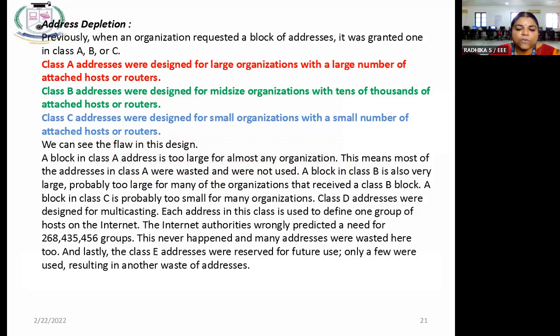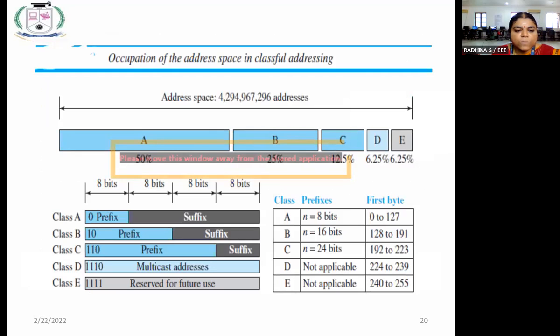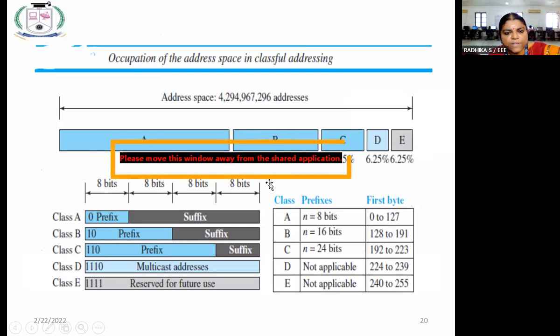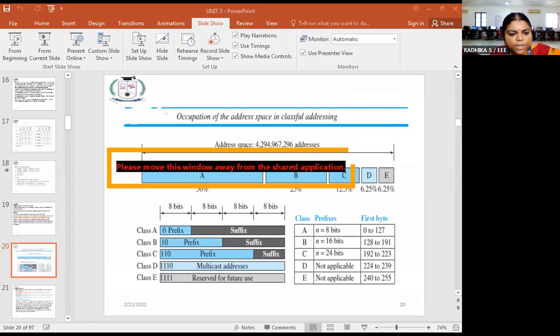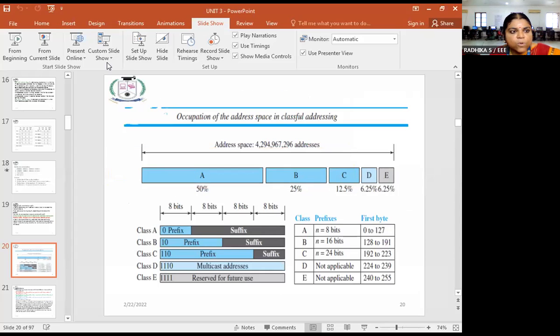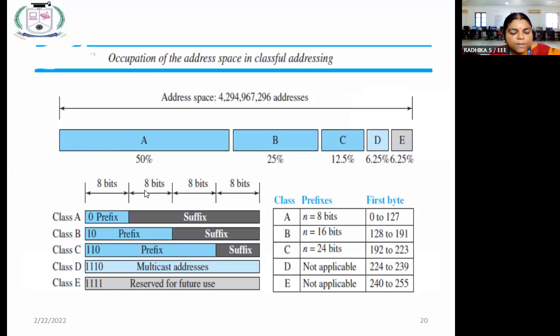The reason is, if you go back and look again at the prefix, what did I tell you? What is the use of this prefix? This prefix is meant for identifying the network, say a city, as an example.